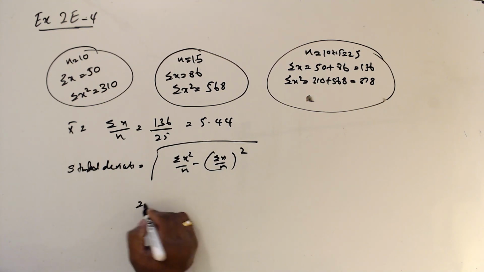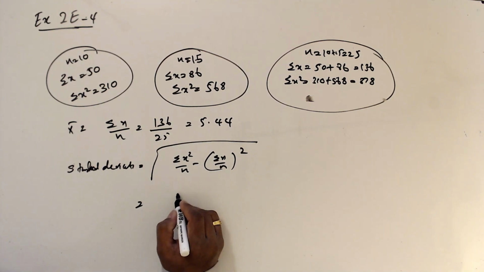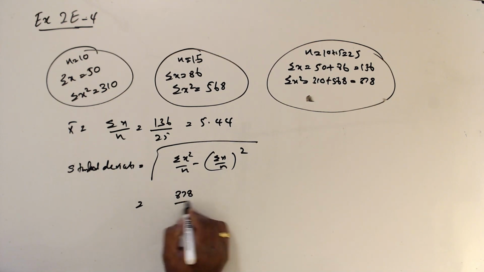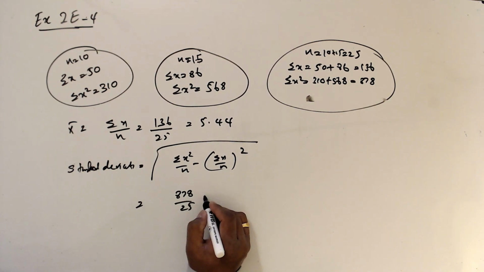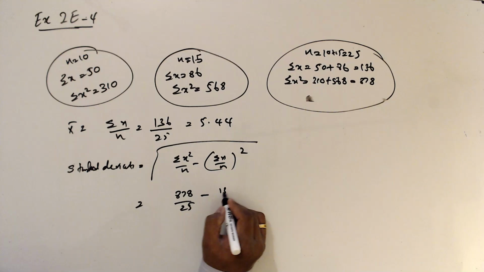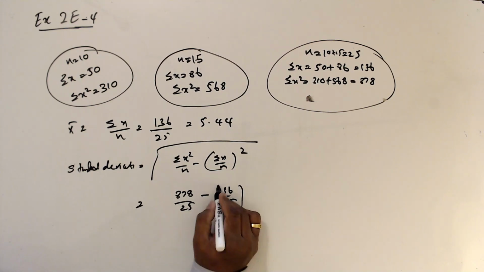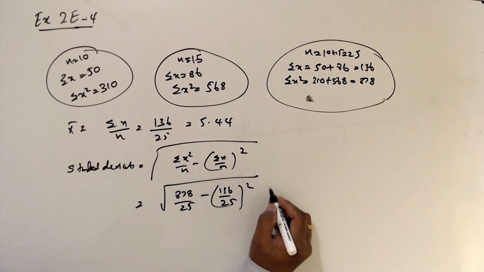So this is basically 878 over 25 minus 136 over 25 squared, the square root.